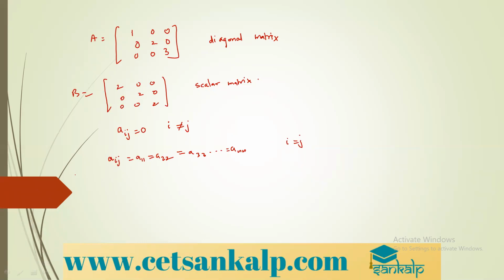That is what happens in scalar matrix, because this element is first row, first column. This element is second row, second column. This element is third row, third column. So only such diagonal elements where i equal to j will be having the same number.